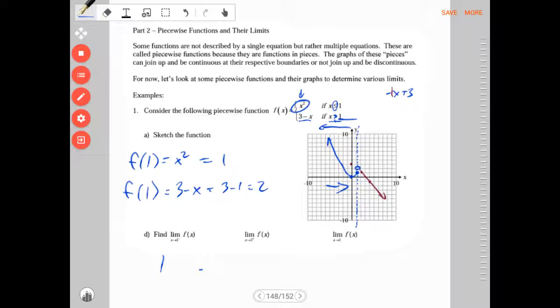The limit as x approaches 1 from the right: remember, even though we're not allowed to equal 1, it still is getting closer and closer to a certain value. Well, that was this part, so that equals 2. Basically the function evaluated at 1 for each half: that one was there, this one was here. Look how they're not the same. So we say that the limit as x approaches 1 is undefined.